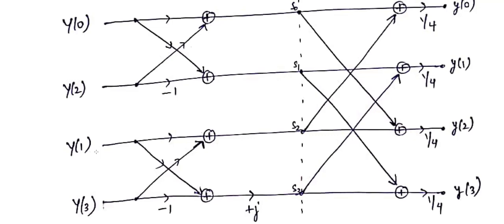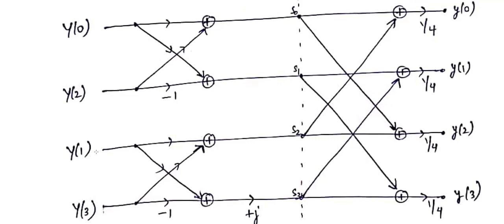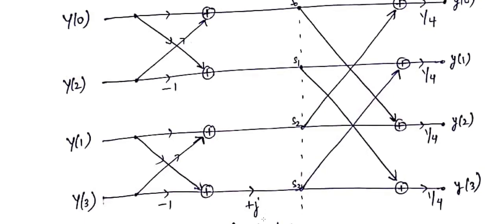Then at the output, small y will be in sequence. So it is a similar kind of DIT algorithm, but at the input side you get the DFT term YK, and at the output side you get small yn. One thing is you have to keep this W factor as the conjugate of the previous. So W4 conjugate of 1 will be plus j, and we kept this value directly.